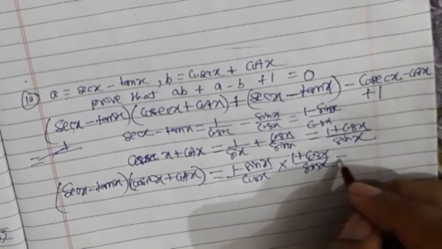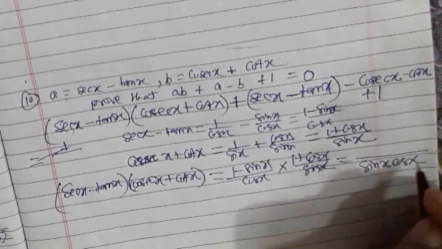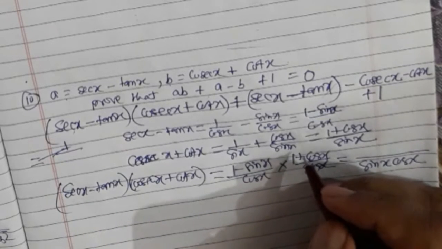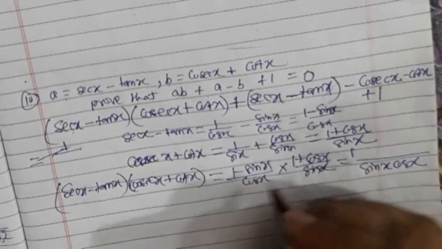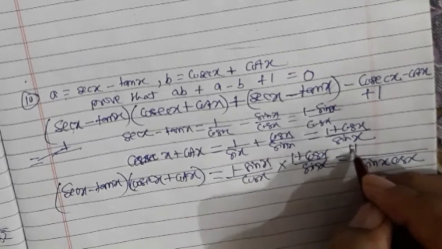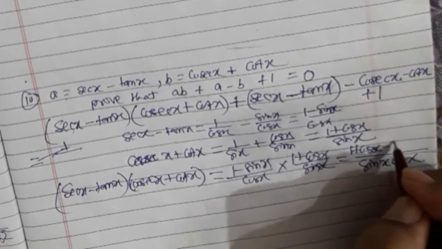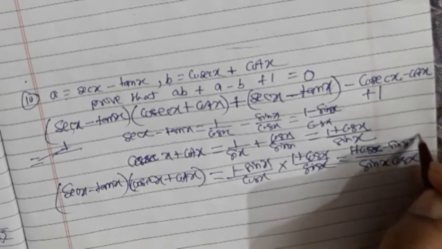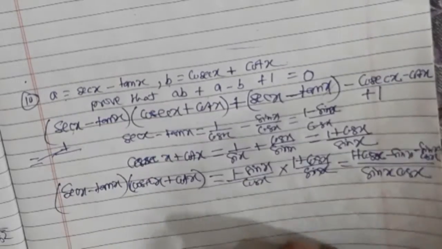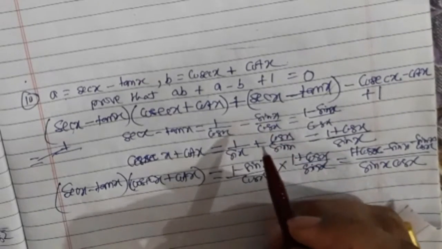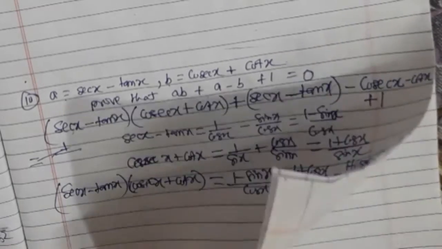Multiplying this we will get 1 minus sin x by cos x into 1 plus cos x by sin x, that is 1 plus cos x minus sin x, and so on, over sin x cos x.